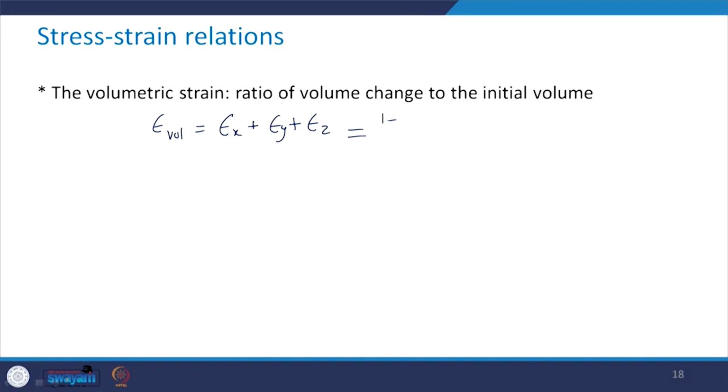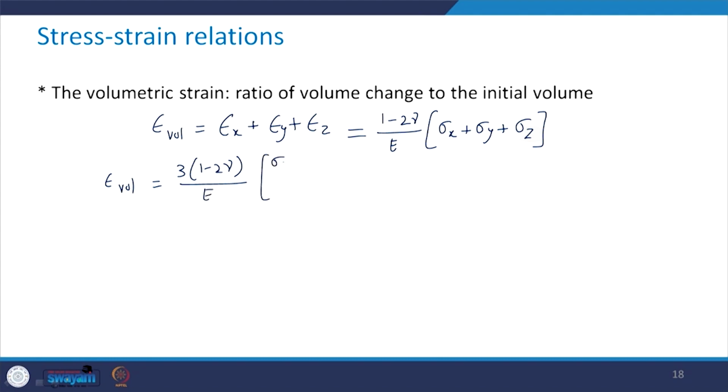So, this is going to be 1 minus 2 nu upon E into sigma x plus sigma y plus sigma z, or it can be written as 1 minus 2 nu upon E into sigma x plus sigma y plus sigma z upon 3.